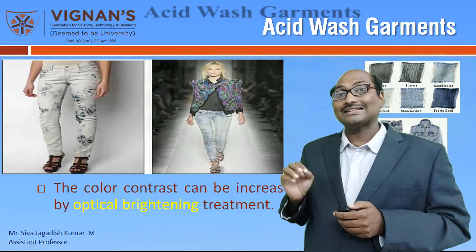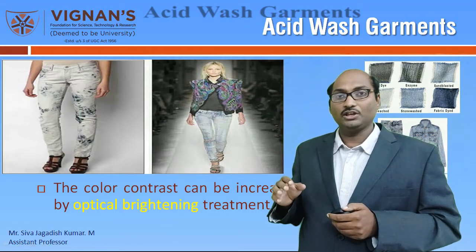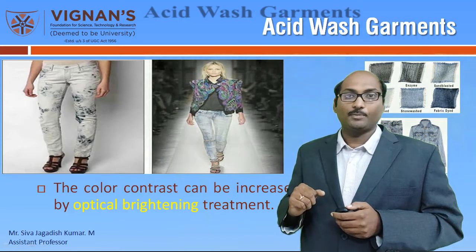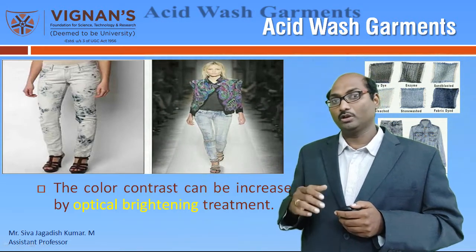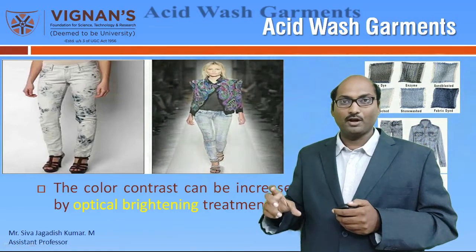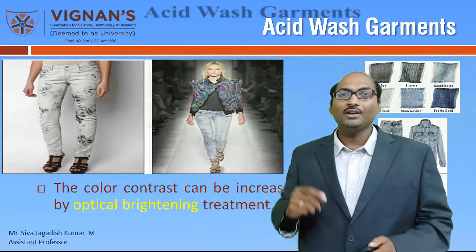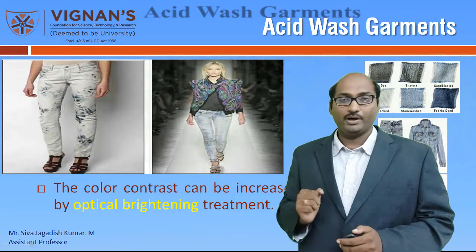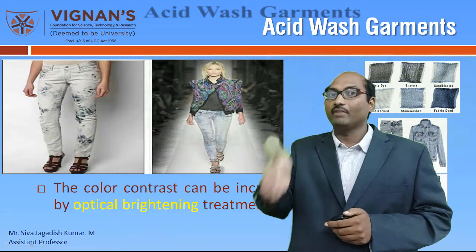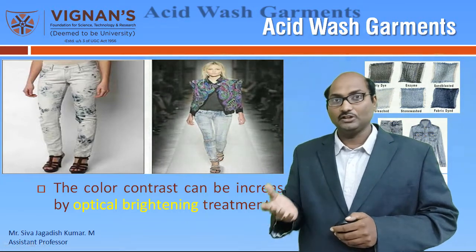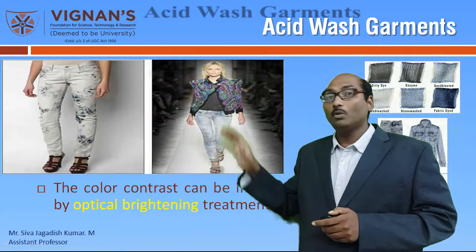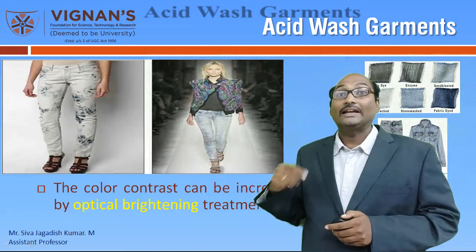The color contrast can be increased by using an OBA, an optical brightening agent. In the bleached area where the dye molecules were stripped off, the white will become even brighter with OBA. So the contrast between blue and white, or black and white, is much increased and a more beautiful design like this can be created.